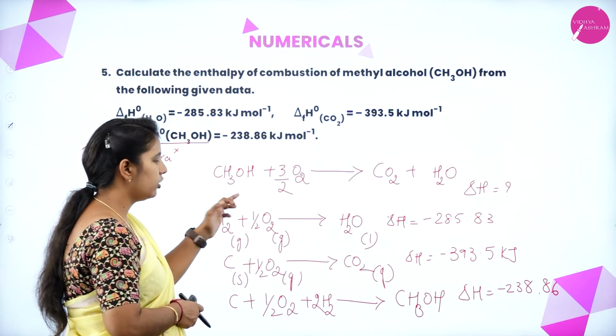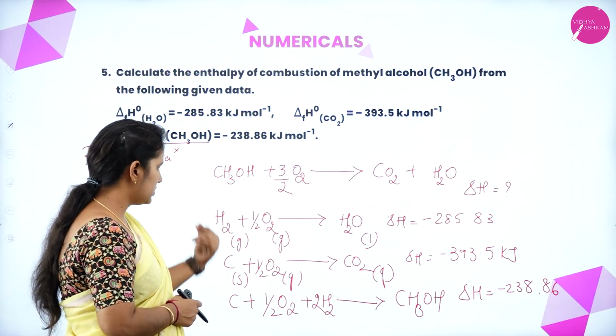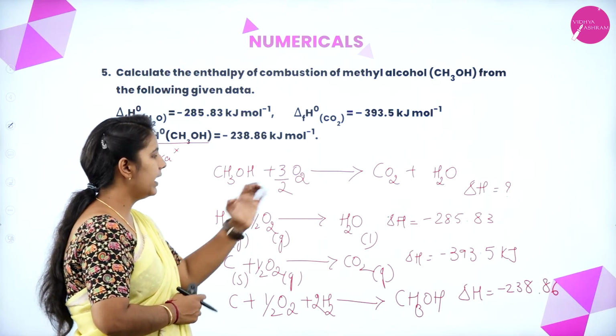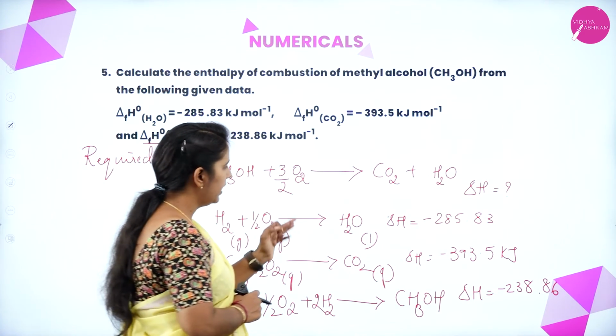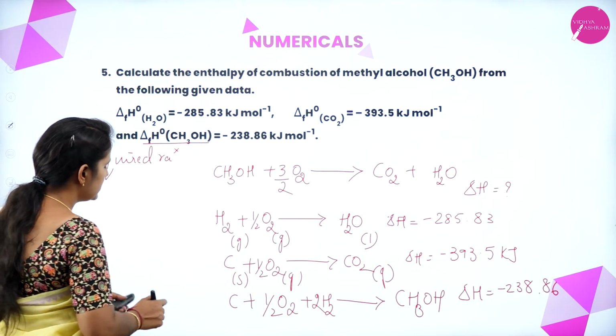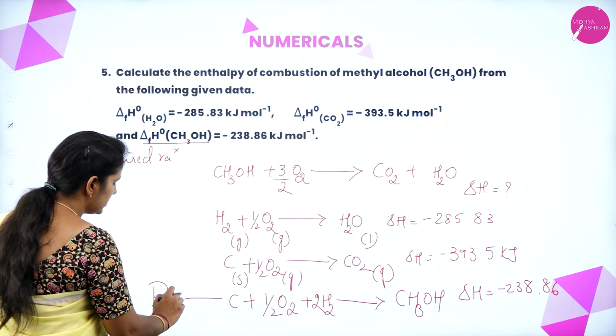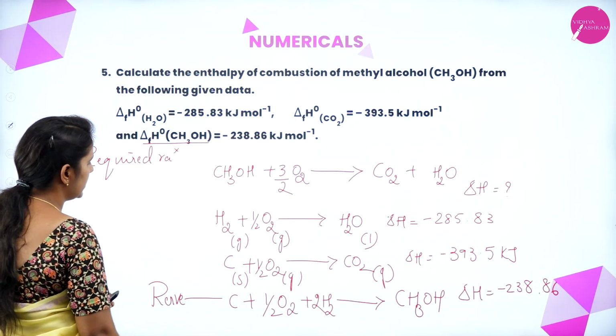We want methyl alcohol on my right hand side, and also we want the oxygen, and carbon dioxide on my left hand side along with the water molecule. Now, I'll reverse equation 3. Reverse it and I'll rewrite it once again.